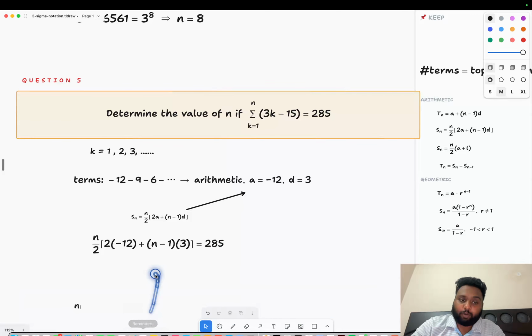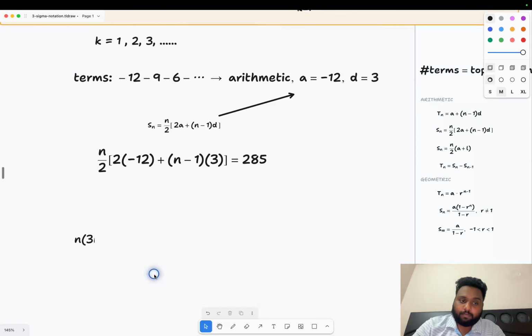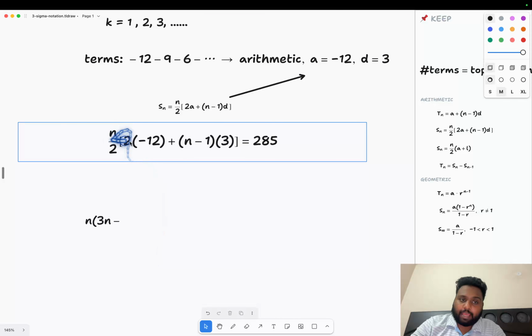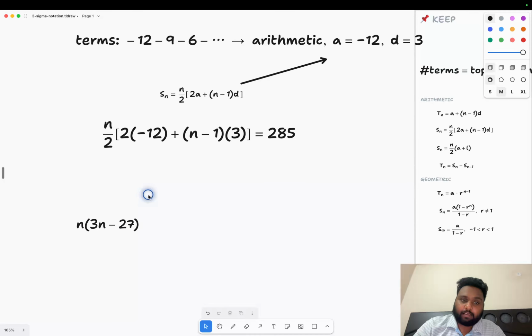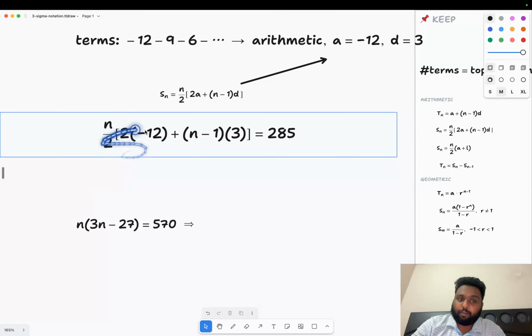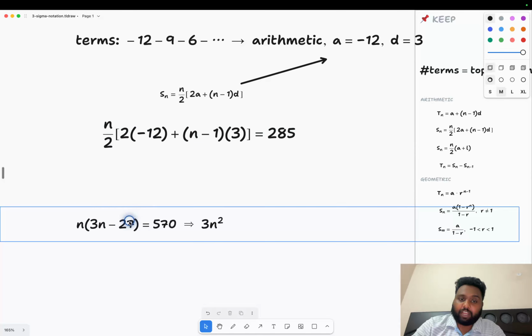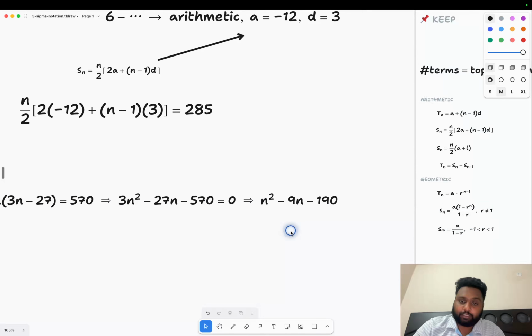When we multiply all the terms, we get an equation like this. So the equation becomes like this. We can divide everything by 3 and then we will get an equation like this.